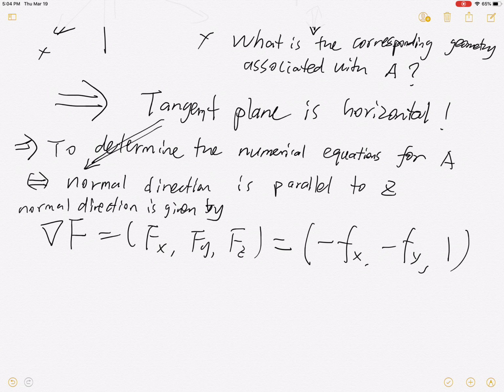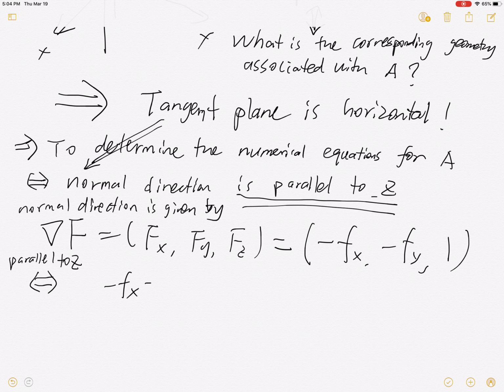Okay, then what does this mean? Parallel to z just means negative fx equals, or just positive fx equals 0, and at the same time fy equals 0. Okay, then conclusion.